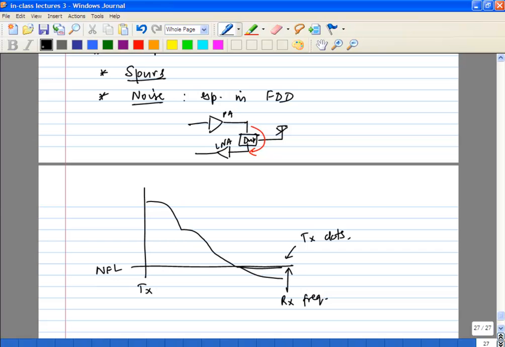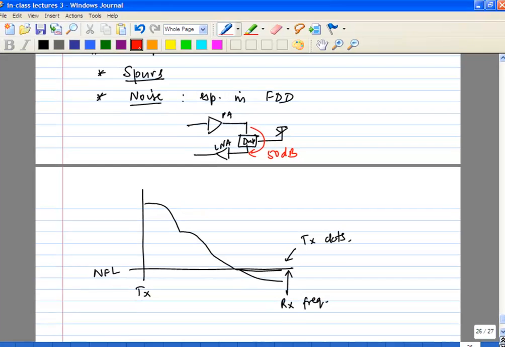Pretty straightforward. The rejection will typically be maybe 50 dB or something like that. You need to define the amount of power rejection, and you need to define the frequency at which it happens, and that is usually defined by the standard. If you are transmitting at a particular frequency, you are usually receiving at a particular frequency. So this can be 50 dB, for example.